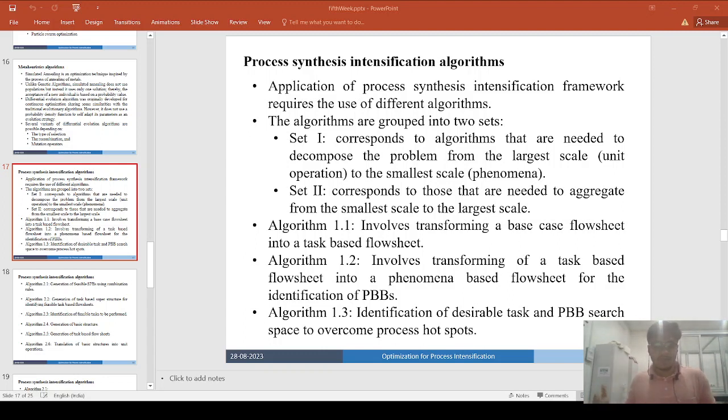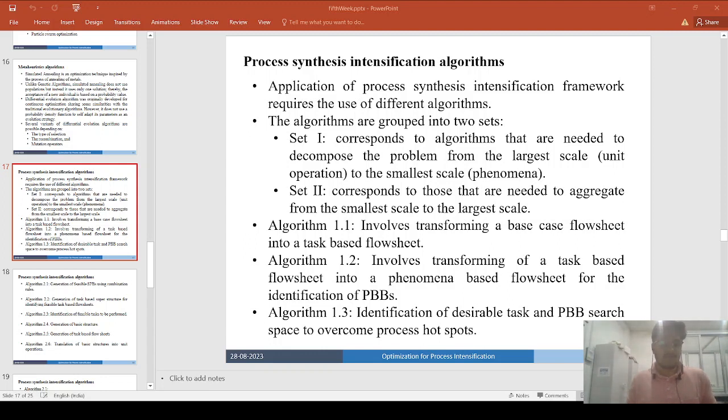So it involves identifying, searching and replacing. It involves identifying the unit operation, then searching for the various tasks that make the unit operation, and then replacing the unit operation with the constituting tasks.